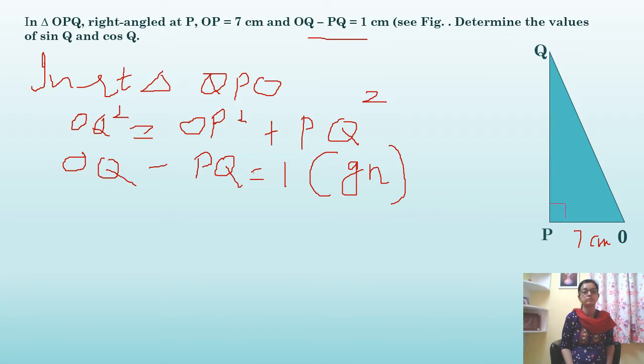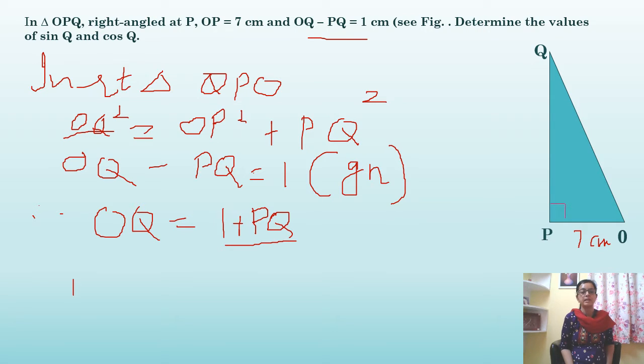Therefore, OQ is equal to 1 plus PQ. Now what shall we do is we'll replace this OQ with 1 plus PQ.